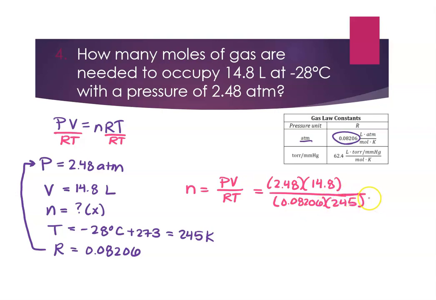When we put this into the calculator, because there are 2 things in the denominator, we want to make sure we put them in one set of parentheses and not 2 separate parentheses. When we do all of that math, we get 1.8256. We've got 3 sig figs, 3 sig figs, and 3 sig figs, so my answer here will be 1.83 moles.